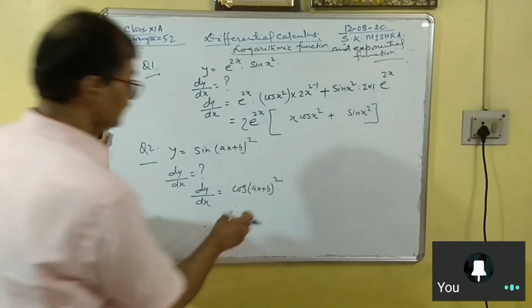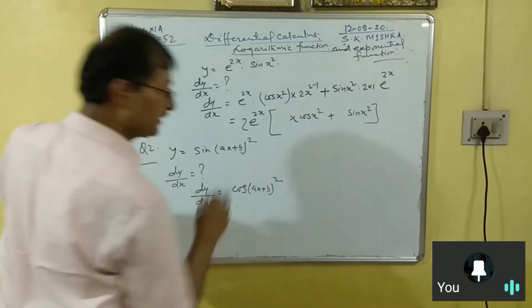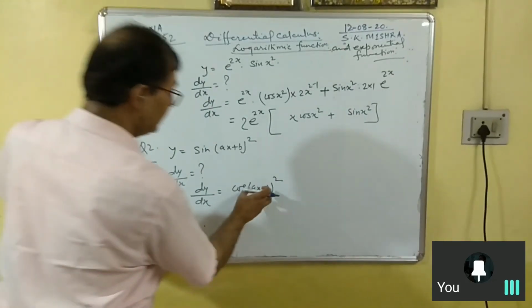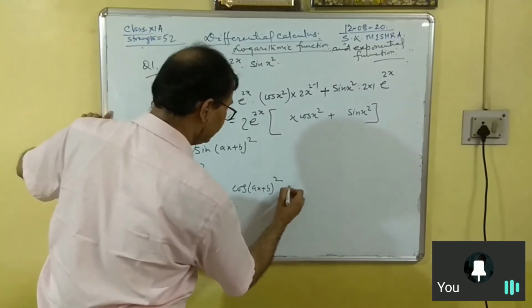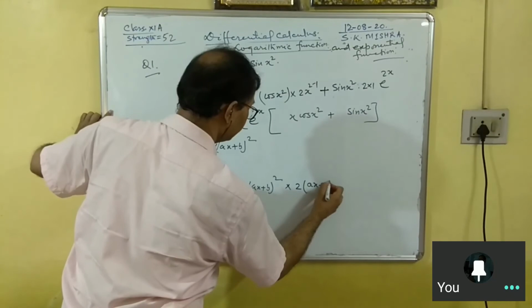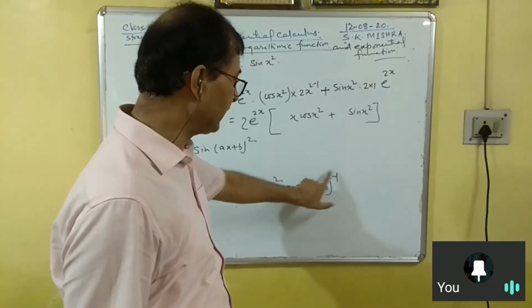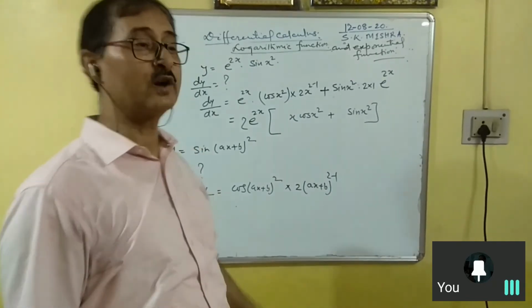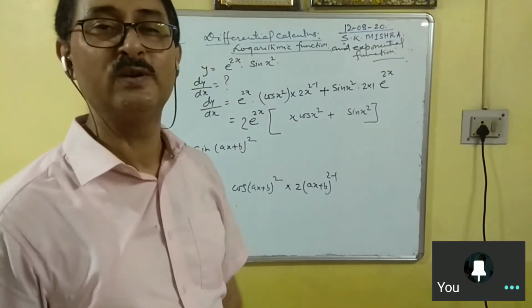Then differentiate this term (ax+b)². So assume this whole as x, so x². How will you differentiate it? n x^(n-1), so 2(ax+b)^(2-1). But this is not the end. You have to differentiate ax+b also.